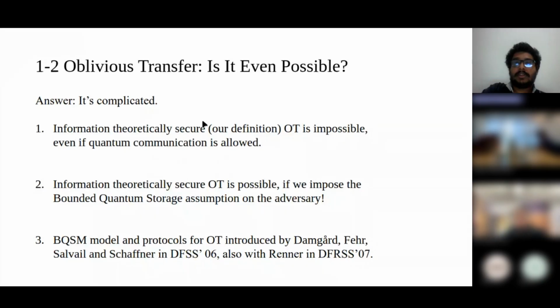So that actually gave people some hope. Unconditionally secure key expansion classically is impossible. That's very easy to show, but BB84 makes it possible to share secret keys securely without any assumption on the eavesdropper.